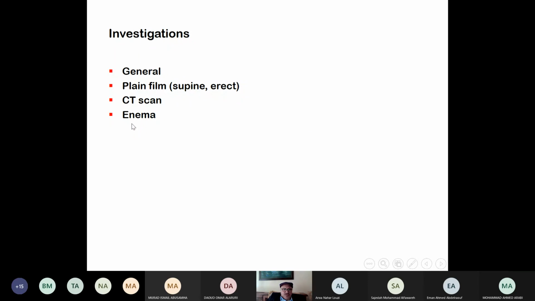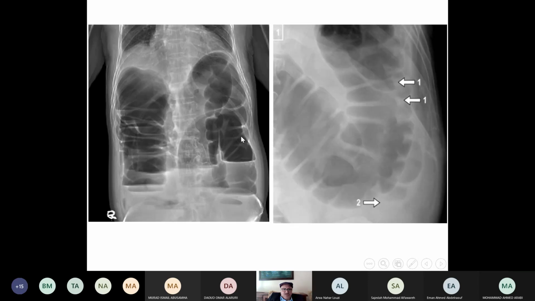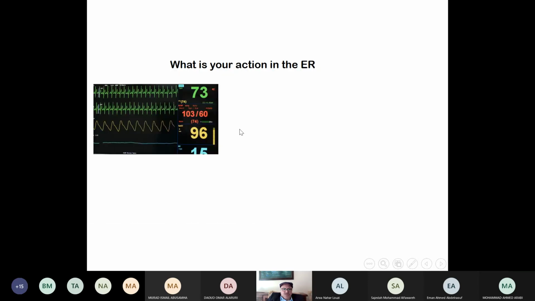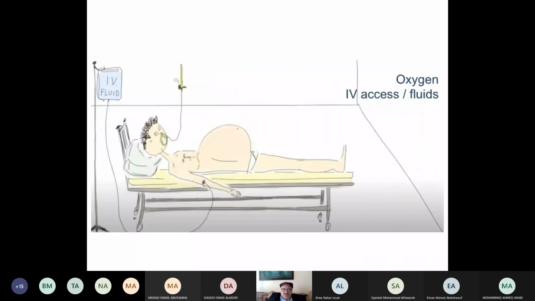However, the general principle is to evaluate the hemodynamic stability of the patient, to resuscitate the patient, and G-tube, oxygen, and then decide and work accordingly.